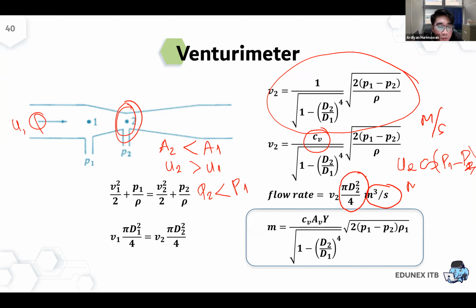So the flow rate is also flow rate at point 2. If you want to convert, this is cubic meters per second. If you want to convert into kilogram per second, what do you need to do? So you want to convert it into mass flow rate.